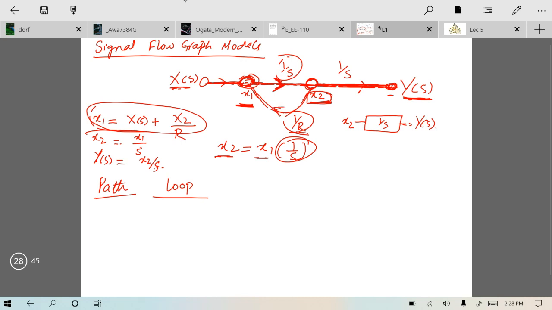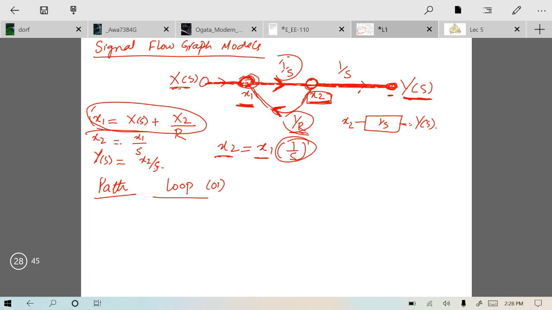Then following this arrow, we have reached x1 again. That is, we started our journey from x1 and have reached back to x1. This means this signal flow graph has a loop in it. And how many loops are there in this signal flow graph? There is only one loop. You can have signal flow graphs with multiple loops as well.